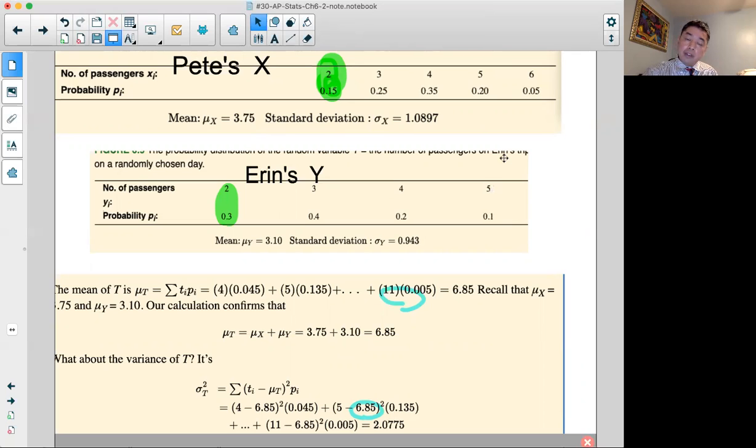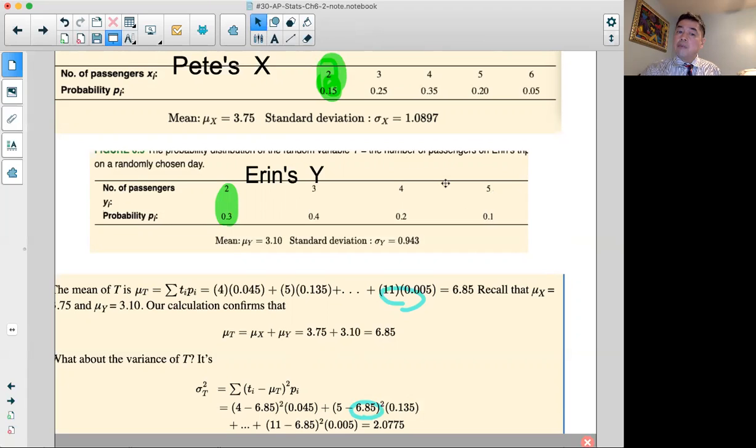What is the difference? So for the combination of difference, the minimum number is when X is 2 and the max number of Erin is 5. So 2 minus 5 is going to be negative 3, right? So negative 3 is going to be the minimum value of the difference.